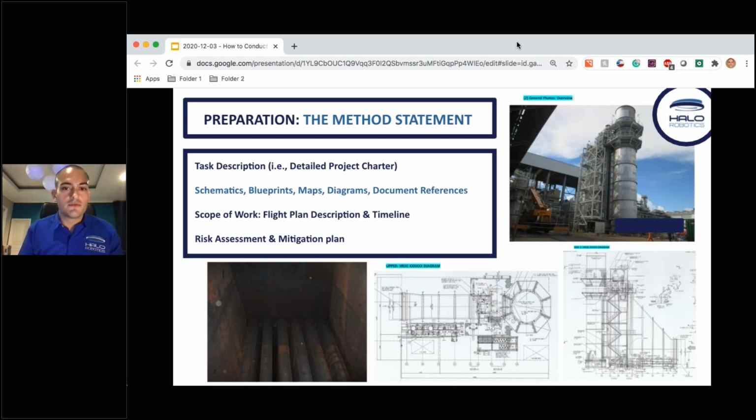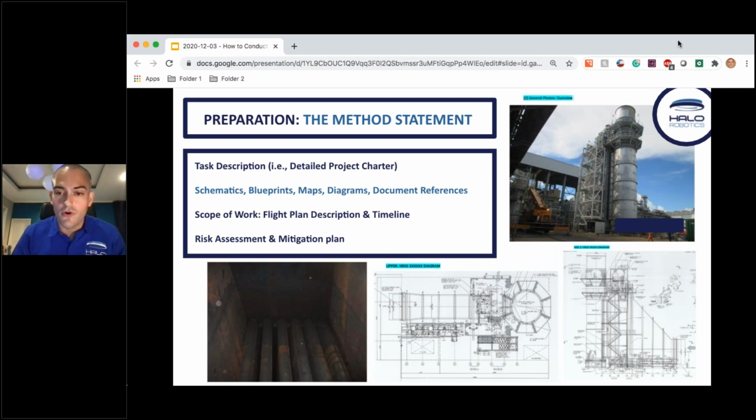But then what do you do when encountering a new asset? As a successful drone program, whether you're a drone service provider or the asset owner, you'll want to introduce more and more scope of where these drones can be applied. So how do you handle new assets that have never been done before? This is where it's important to put as much information as possible into the method statement, including schematics that list where the points of entry are, how this asset works, and visuals. What you're seeing right here is an HRSG, a heat recovery steam generation unit.